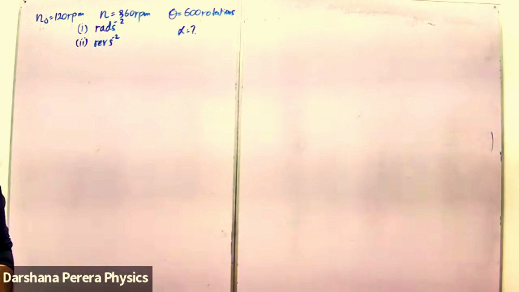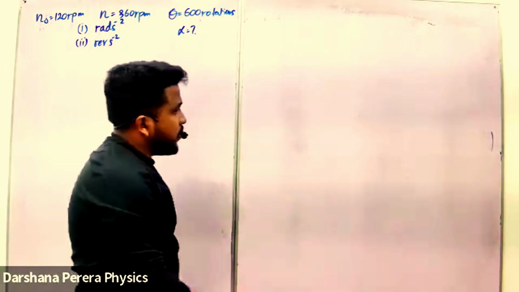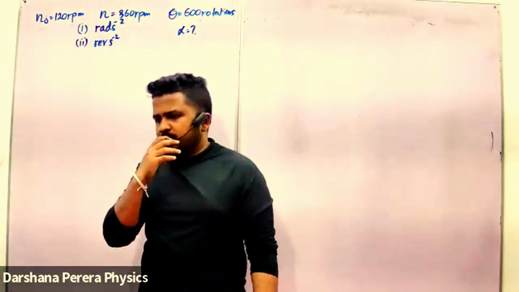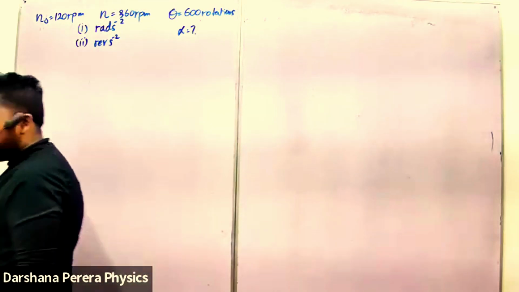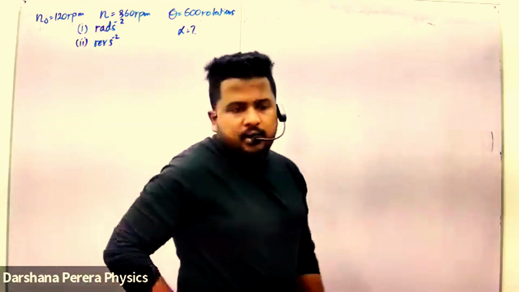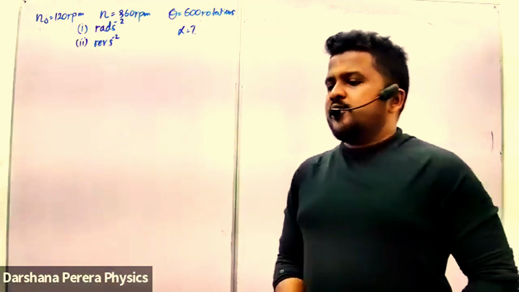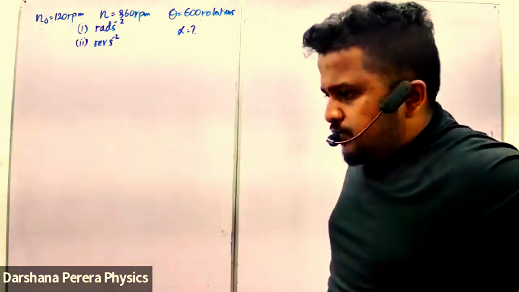First of all, we have to find it using the normal equation. We have to convert n into omega. Then we can simply find the alpha in radians per second squared.